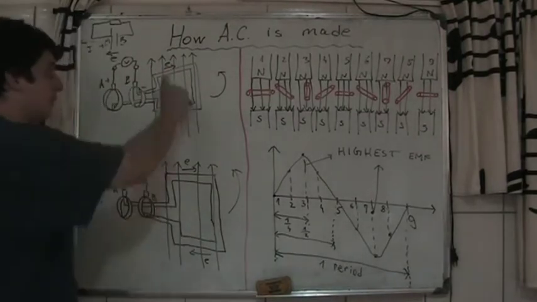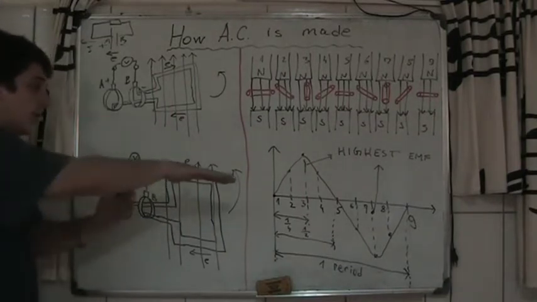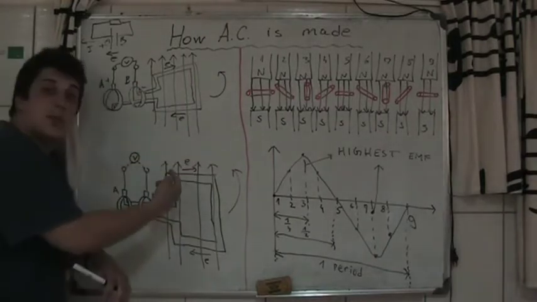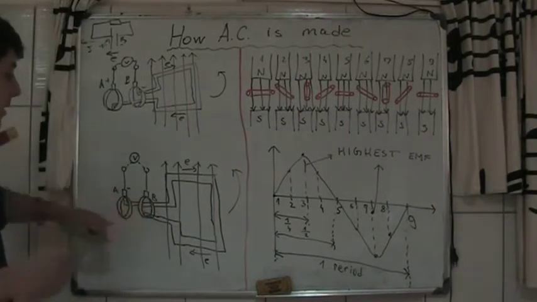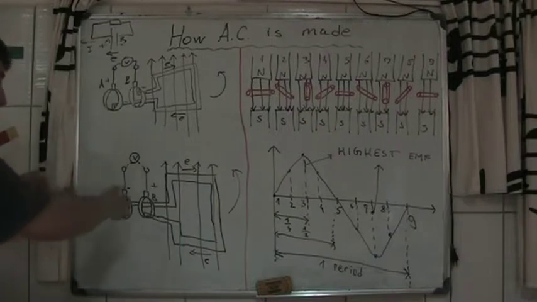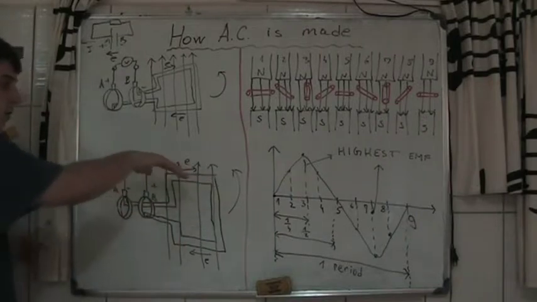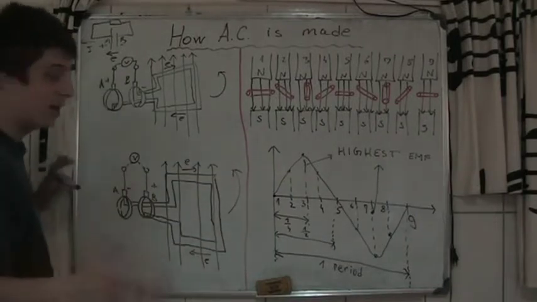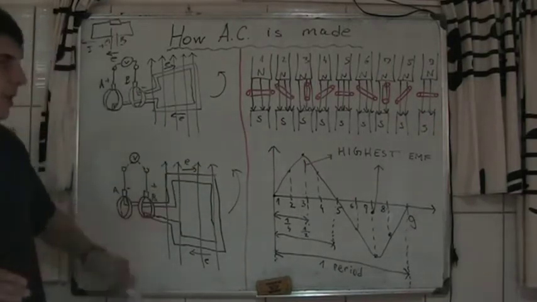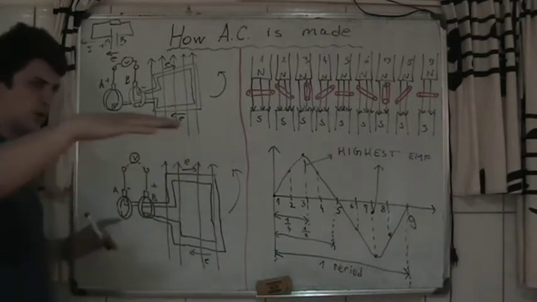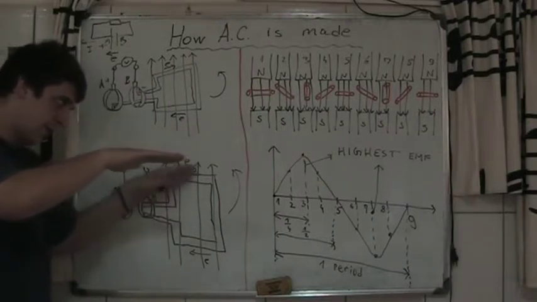So now this side goes here, the one that was connected to A. The EMF is always going to show in the same direction, but now A becomes minus and B becomes plus, because this side of the conductor is going to go into the blackboard. The magnetic field stays the same, coming into the palm, so the EMF is going to go like this.